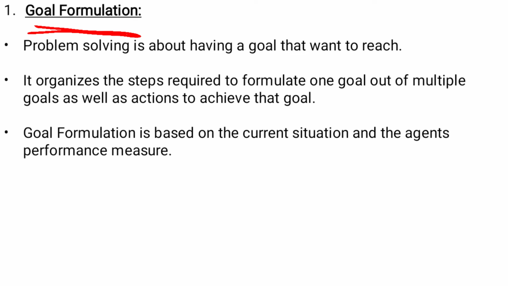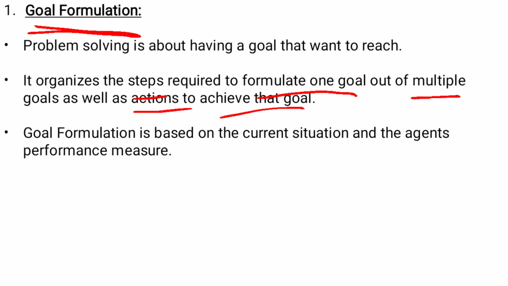Problem solving is about having a goal that we want to reach. It organizes the steps required to formulate one goal out of multiple goals, as well as actions to achieve that goal. This goal formulation is the first and simplest step in problem solving. The main aim of problem solving is to solve a problem with the desired output.